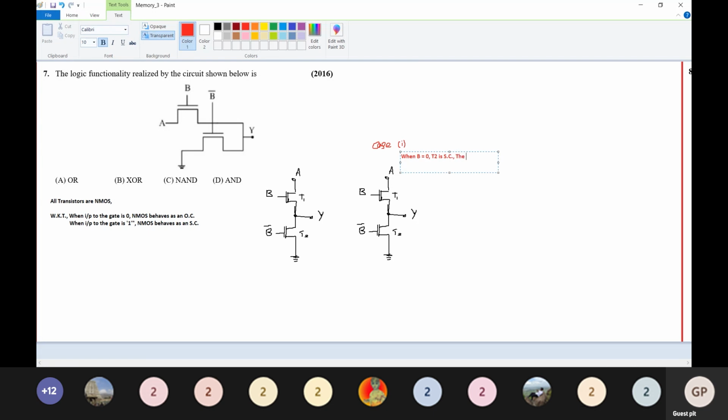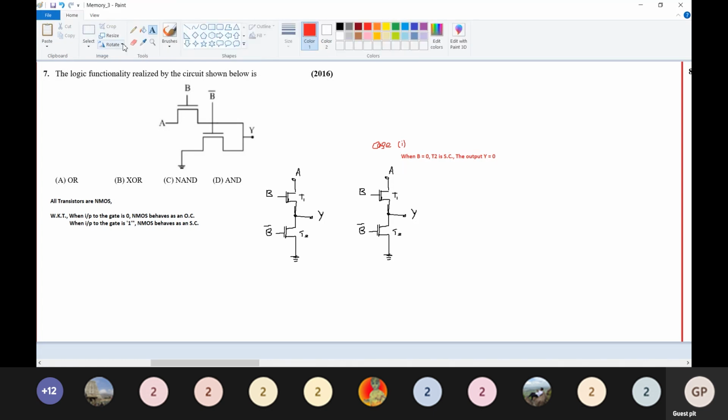So the output Y is equal to 0. So we'll check it out. When B is equal to 0, what's going to happen? As I already told you, when input to the gate is 0, NMOS behaves as an open circuit.